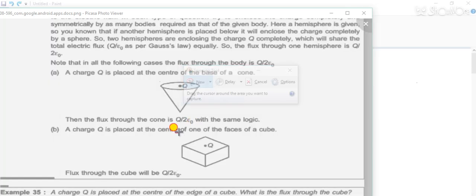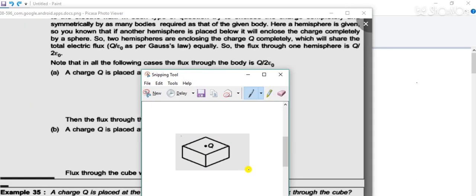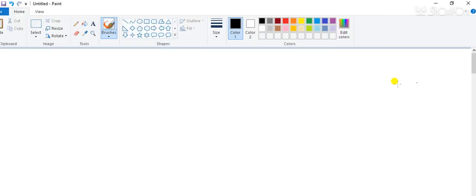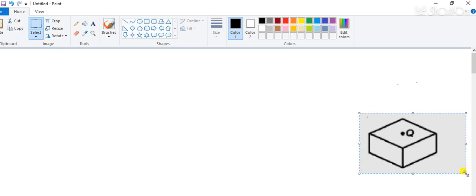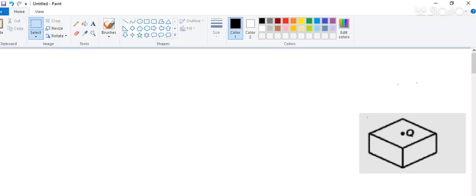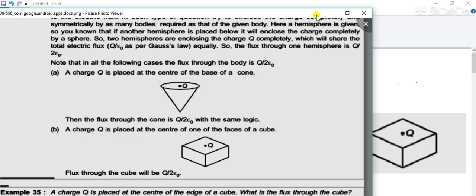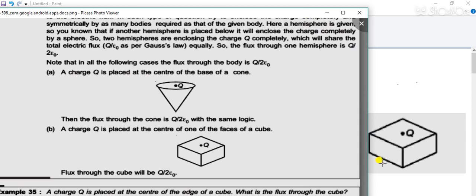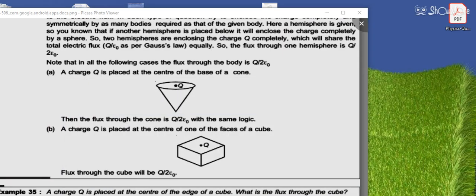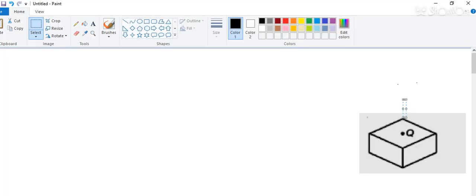Okay, now, this is the diagram, and now we have to show the question as well as the diagram both. Okay, so now what we can do, you can see how to complete this diagram. Just wait for 1 minute, students.